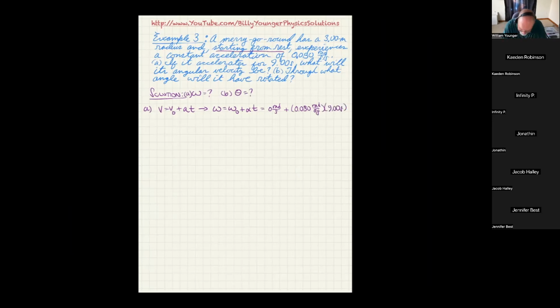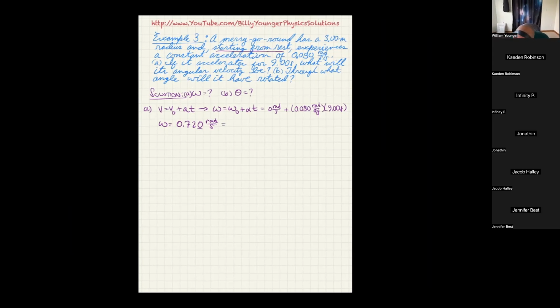When I multiply 9 times 0.08, that becomes 0.72. So omega equals 0.72, and that looks like all the sig figs we have, so I'll put an extra 0 on the end, radians per second. Remember, pi radians is 180 degrees.